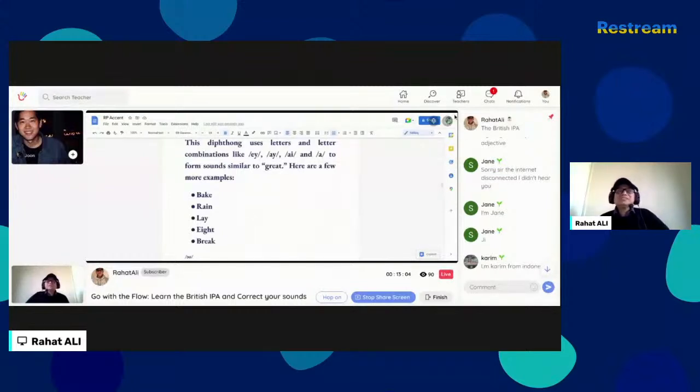The first word is bake. Bake. It can be used as a verb or noun.